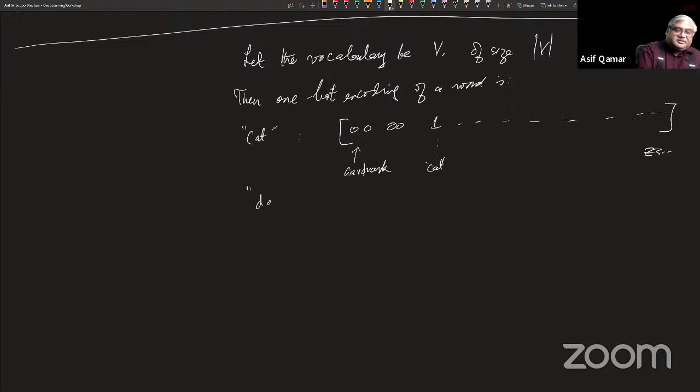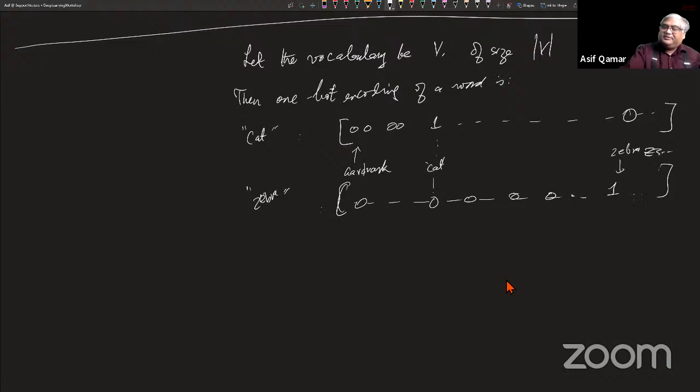Then likewise, you have dog, or zebra. Zebra is a little bit far off, and there the location of zebra is 1 and 0 everywhere else.